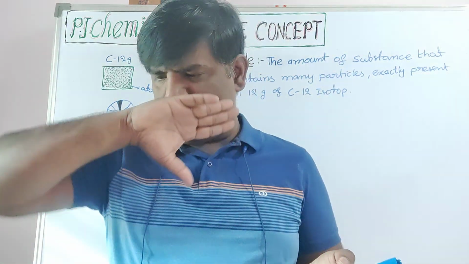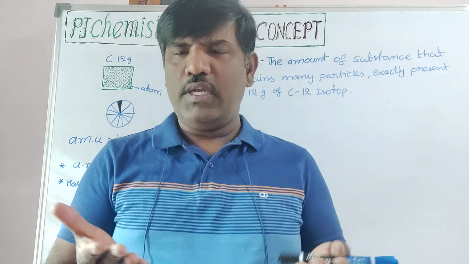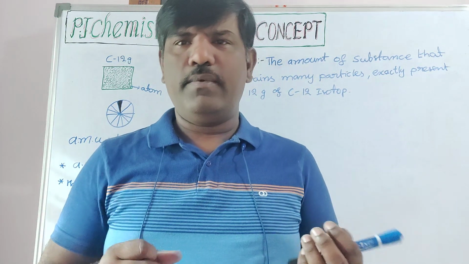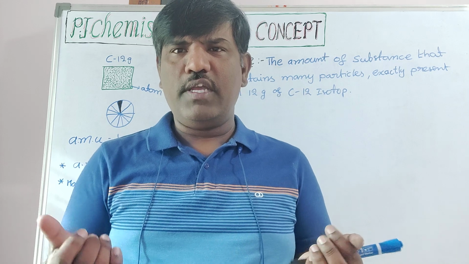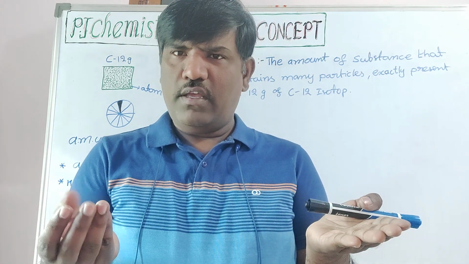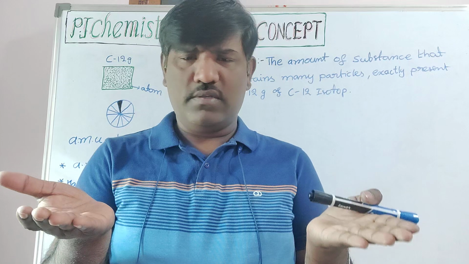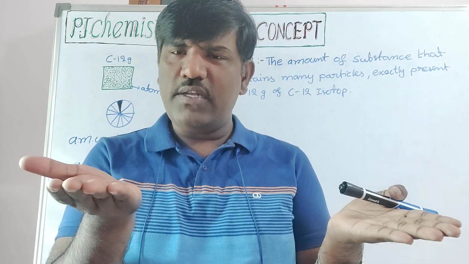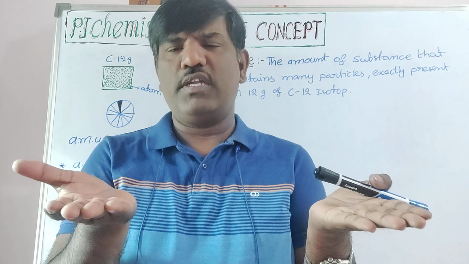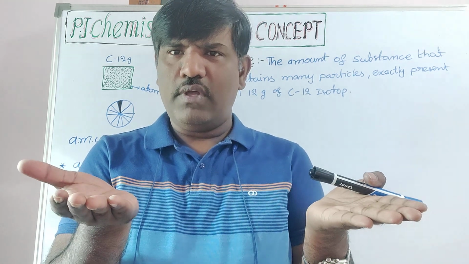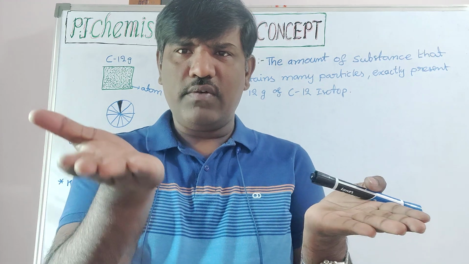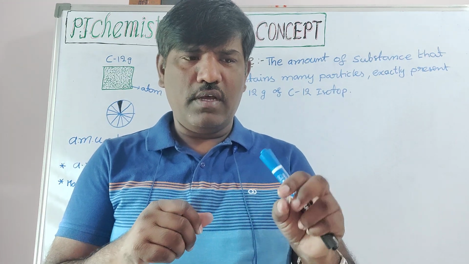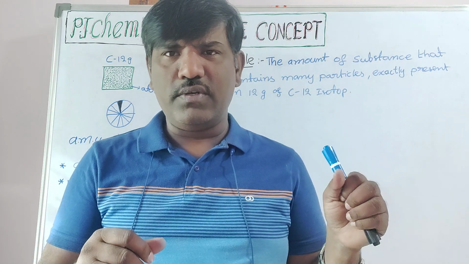Next you ask for mirchi, green chili, also 1 kg. The same reference as usual, the 1 kg stone, on one side, and on the other side the green chili. When both become equal, he will give 1 kg. Now if you observe, take out the 1 kg stone.